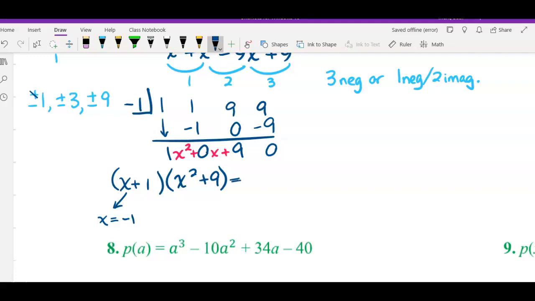But when we set this piece equal to 0, we subtract 9 from both sides. X squared is negative 9. Taking the square root, x is plus or minus 3i. So my answers are negative 1, 3i, and negative 3i.